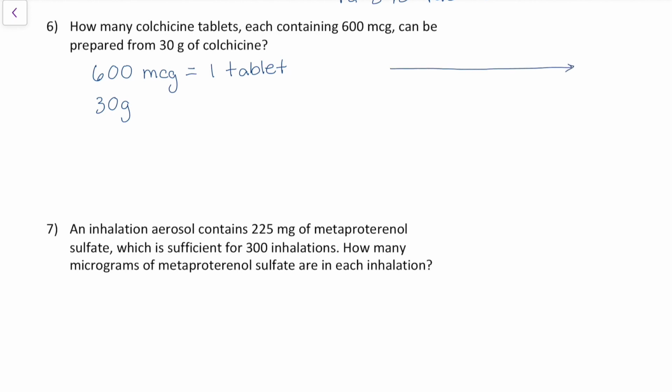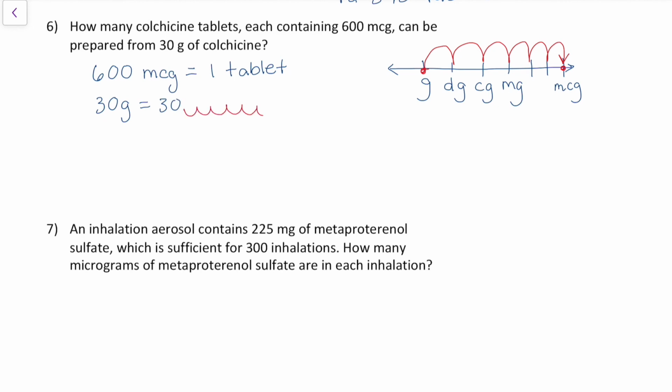So I'm going to convert grams into micrograms. If we look at our scale, I have grams, decagrams, centigrams, milligrams, 1, 2, and then our micrograms. And so to go from grams to micrograms, I'm going to do 1, 2, 3, 4, 5, 6 jumps to the right.